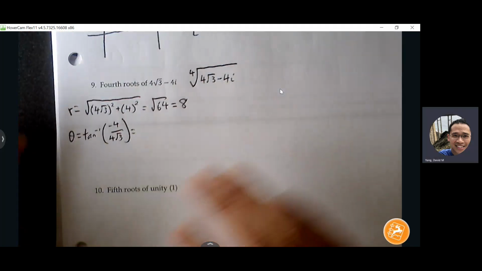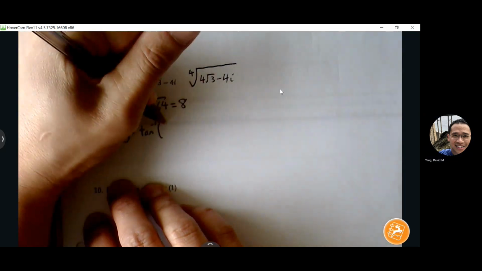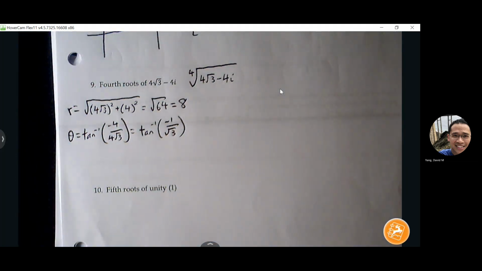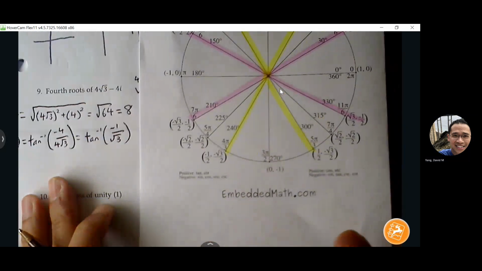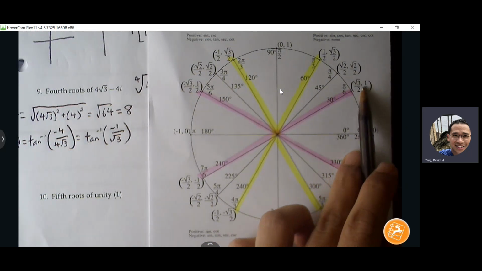And right now, you may not recognize this, but you can always reduce it. Negative 1 over root 3. We know that's going to be in the family of pi over 6, right? Y over x, 1 over root 3.